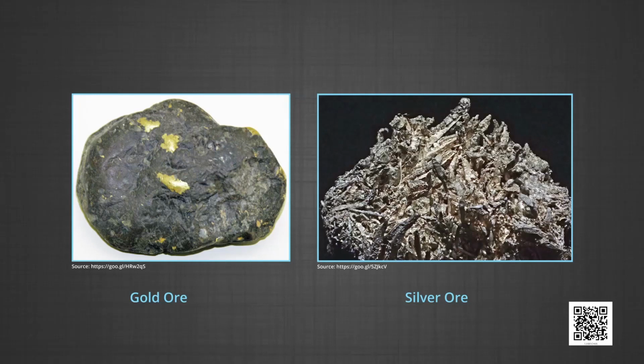Now let us understand extraction of gold and silver. As studied earlier, extraction of gold and silver involves leaching the metal with cyanide. This is also an oxidation reaction, as silver gets oxidized to silver ions or gold gets oxidized to gold ions. The metal is later recovered by displacement method, which is a reduction process.